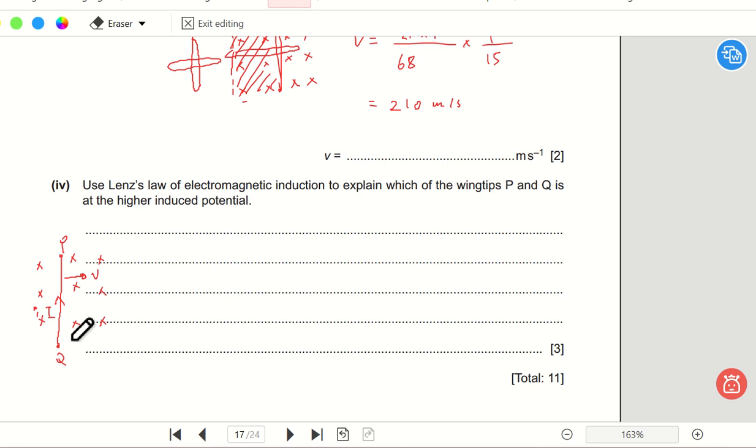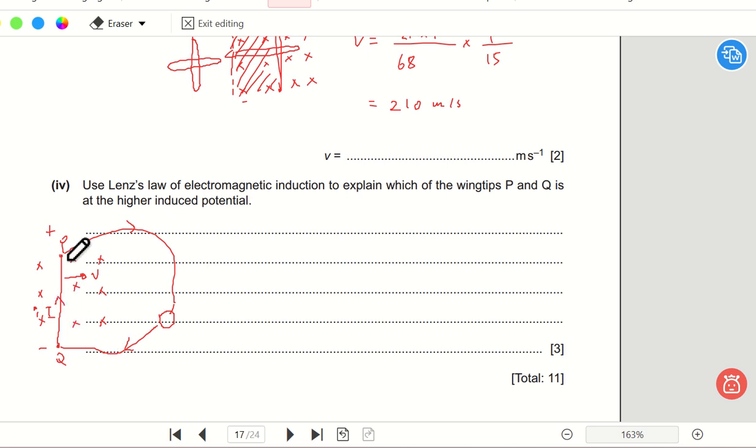And to have a current inside the wire, the direction will be different from outside the wire. Suppose we have some connection to a voltmeter or whatever in the external circuit, the current will flow as follows. And we know that current flows from positive to negative, but this is in the external circuit.